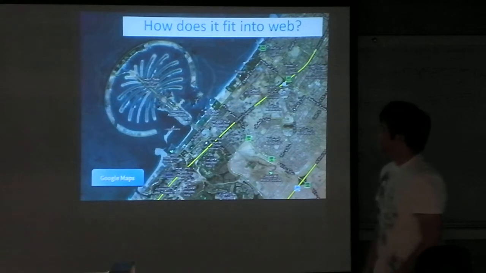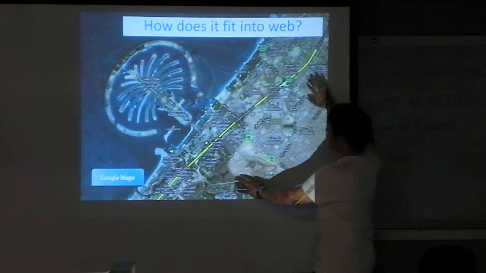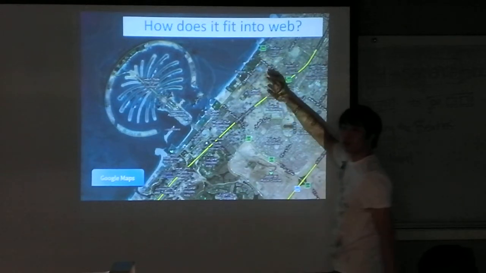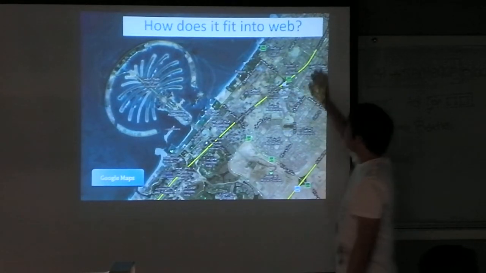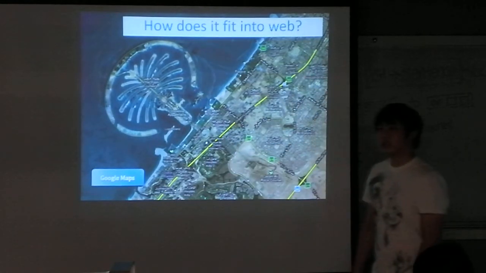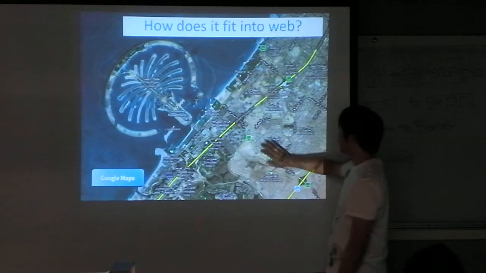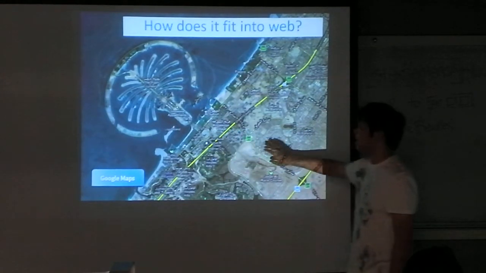So where does it fit in? If we go to something like Google Maps, what we have here is an image that our client browser pulls from the server. And on top of that, we get this extra data that's supplied to us by a server. This data, as you know if you go to Google Maps, is overlaid on top of it, and it's completely interactive.